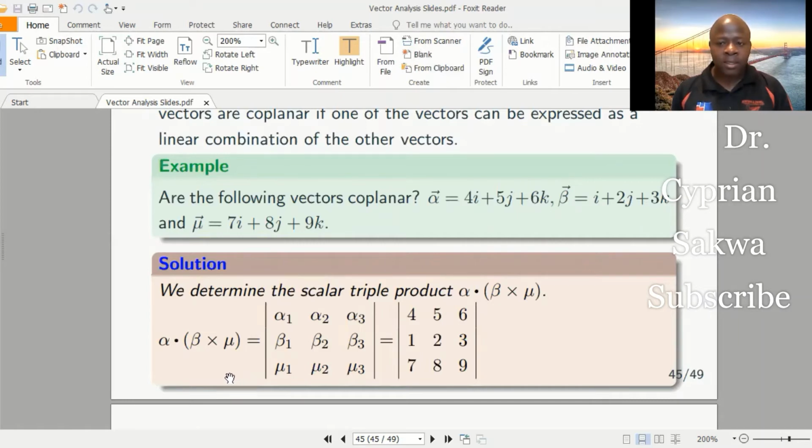But if these vectors are coplanar, each of those would give us 0. But if they are not coplanar, then they will not give us 0. So we extract the coefficients 4, 5, 6, then 1, 2, 3, and then 7, 8, 9, and find the determinant.